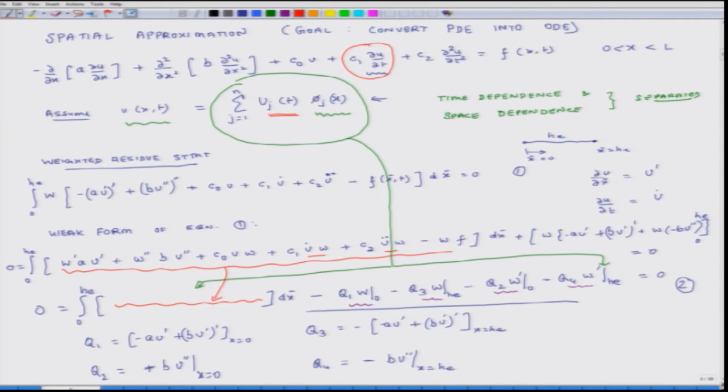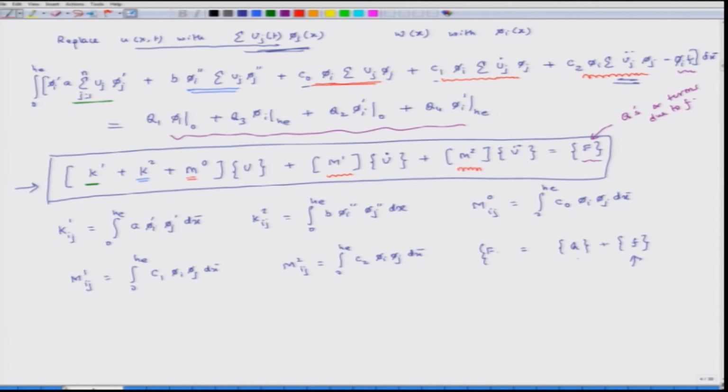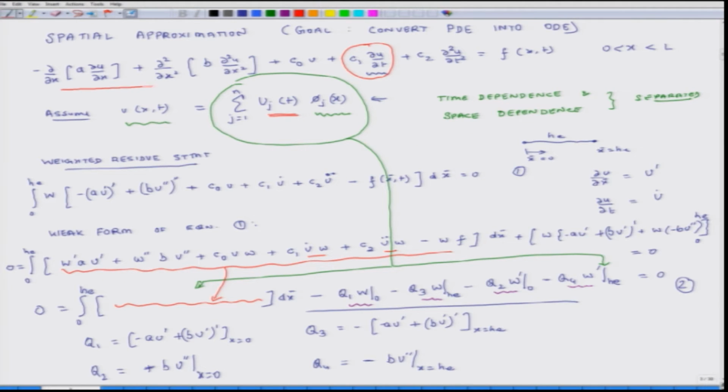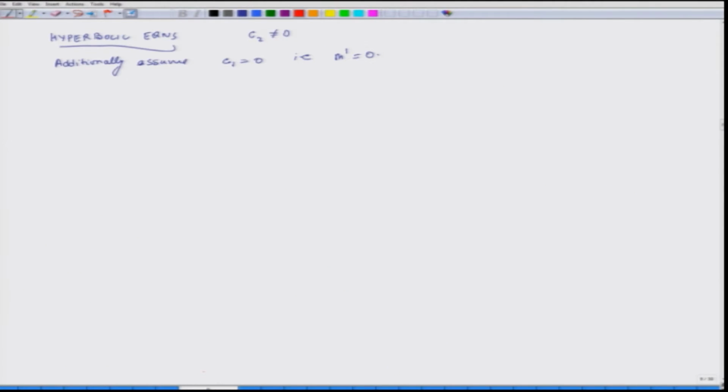So, in the context of our discussion today, we will say that the damping or viscous effects in our system are negligible or can be ignored. For such a system, this entire equation essentially reduces to this form.